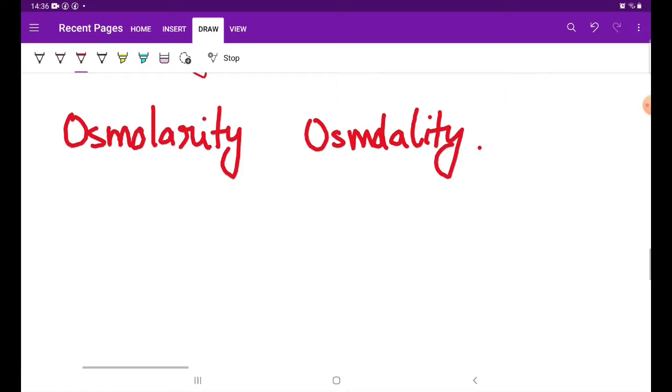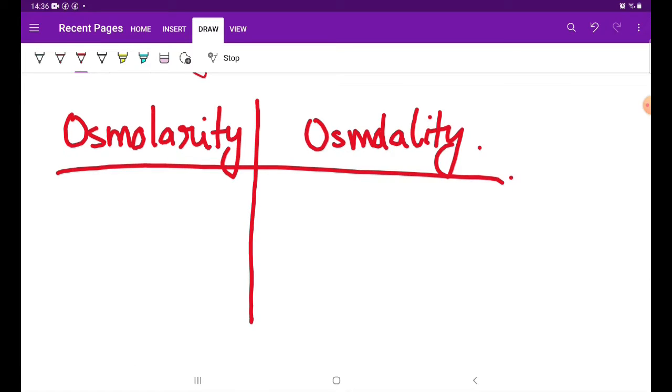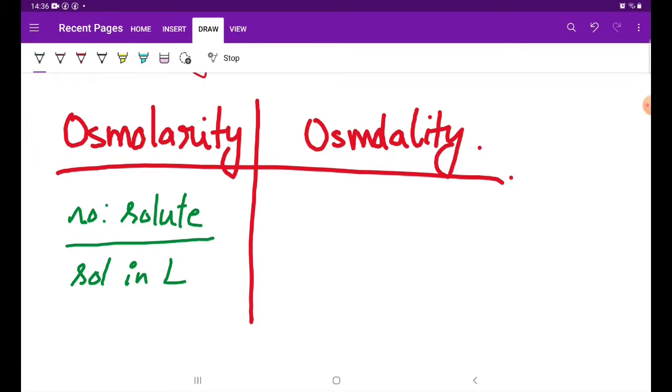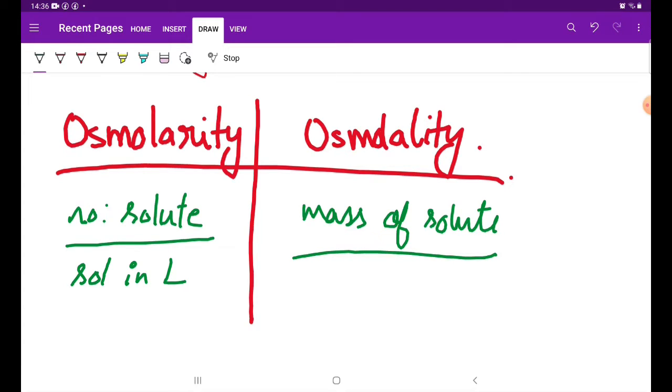Basically, osmolarity is the number of solutes per solution in liters. But in case of osmolality, it's the mass of solute per kilogram of water.